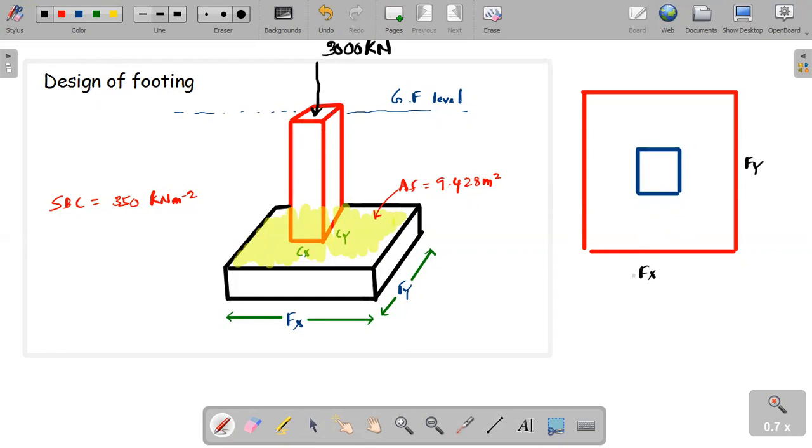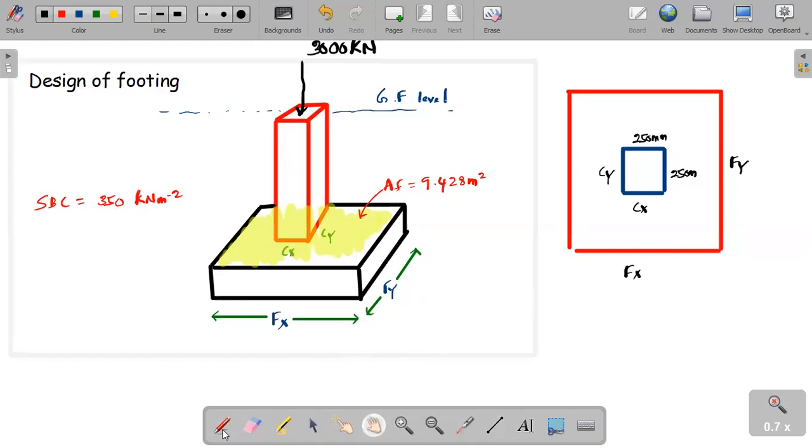We are going to find fx and fy. For example, I will take the size of the column as 250 by 250, that means 10 inches by 10 inches, or 250 millimeters by 250 millimeters. So this side is cx and this side is cy.